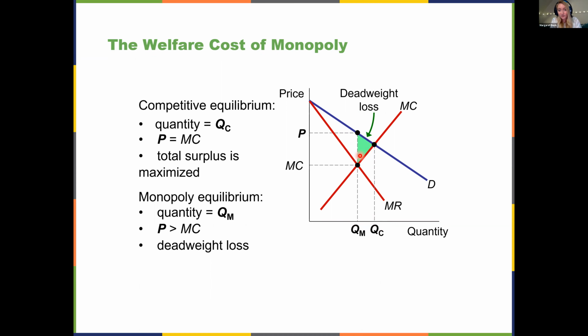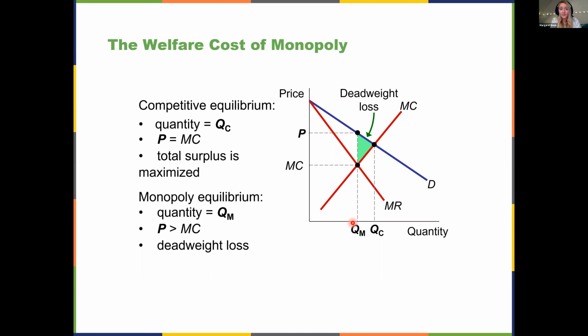And the base of this triangle here, we could think of it like a monopoly markup, in that the monopolist gets to charge a much higher price for this quote unquote limited amount of goods.